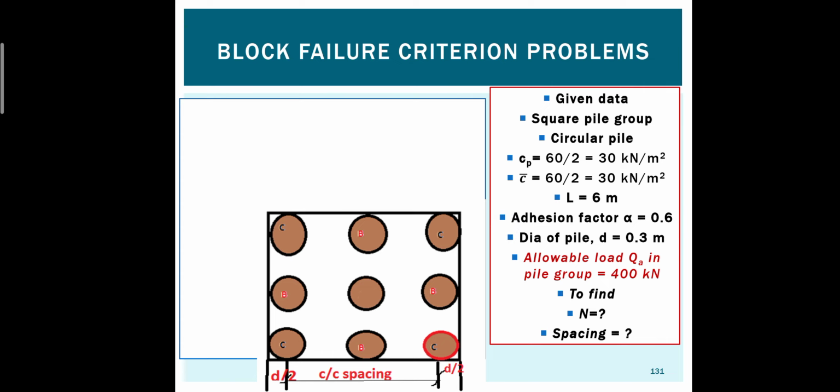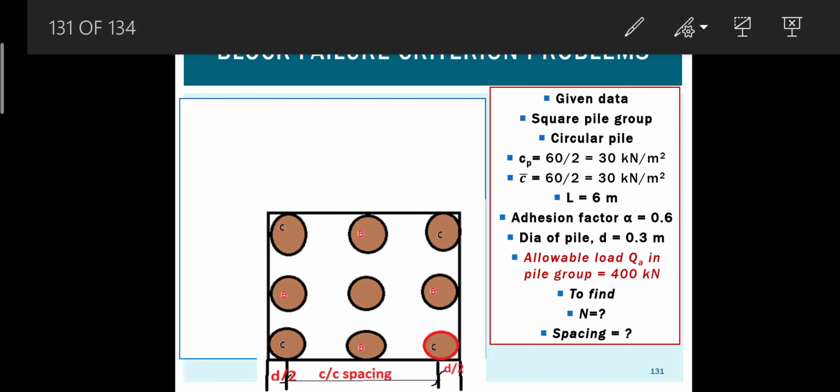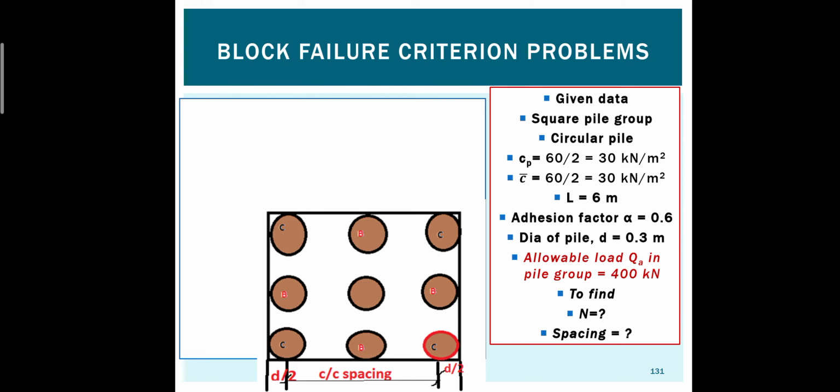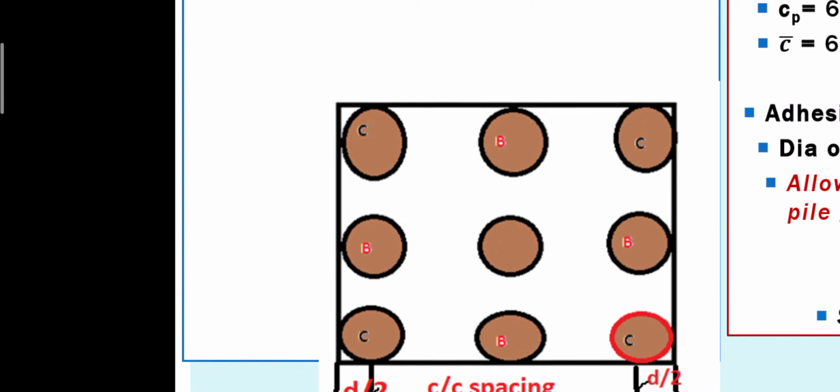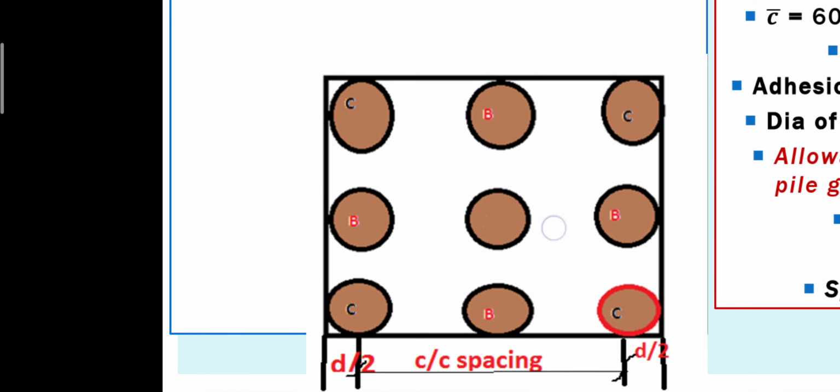So 9 piles will be placed like this. You have placed 9 piles, and we just now found the width of the pile group also. So what is the width of the pile group? The width of the pile group is nothing but d by 2 plus center to center spacing plus d by 2, correct? That is the total width of the pile group.